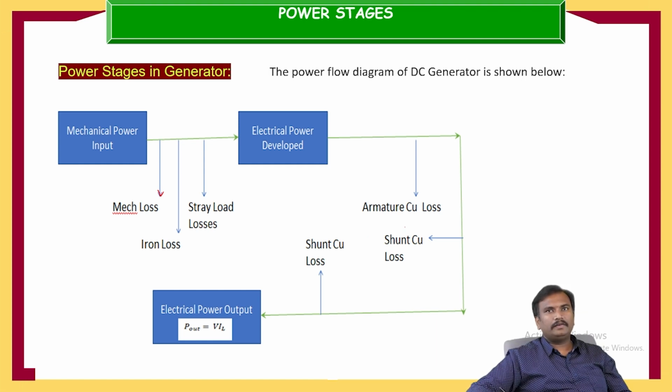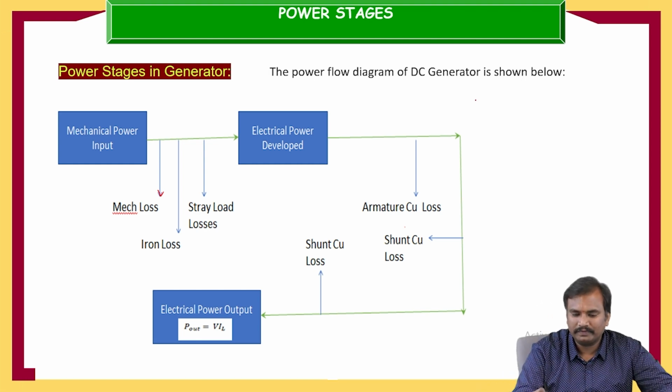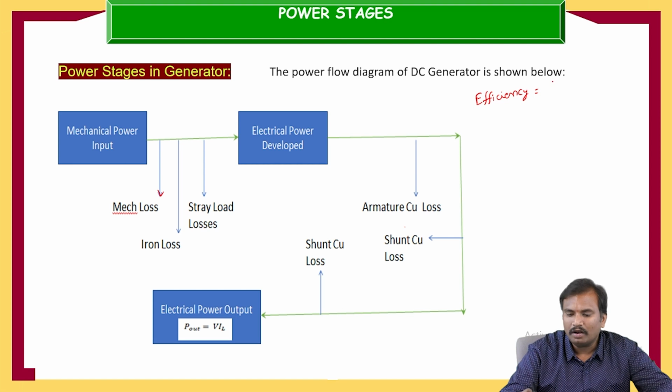So in this, we have discussed the power stages. Now let us discuss the efficiency of a DC generator. Efficiency is equal to output power by input power.